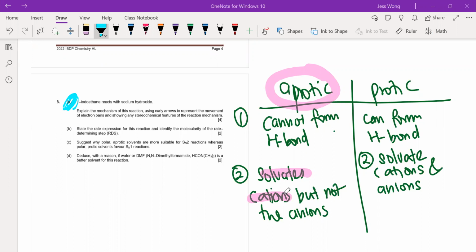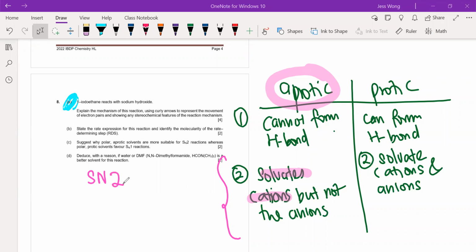Now, solvating the nucleophile makes the nucleophile less reactive, right? So therefore, you will find that the property here is very suitable for an SN2 reaction.